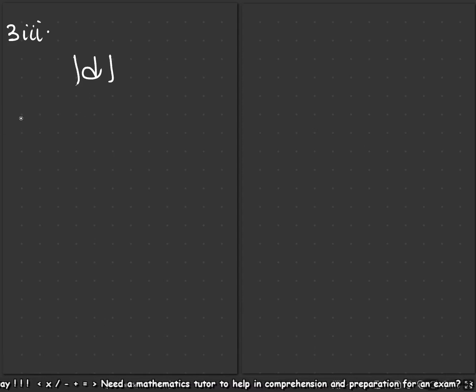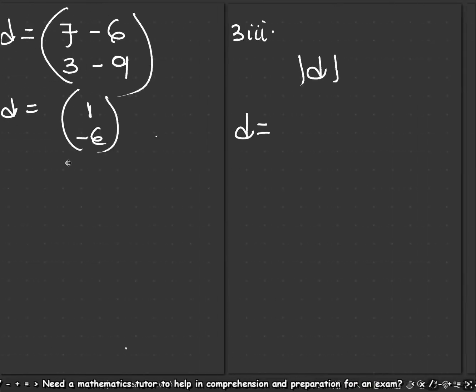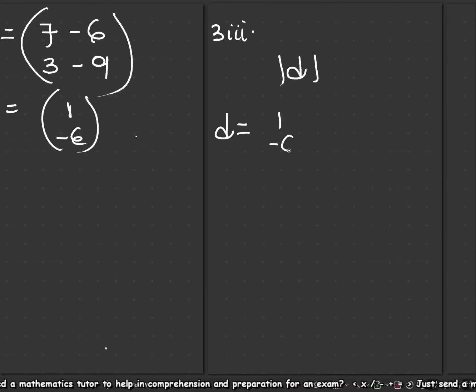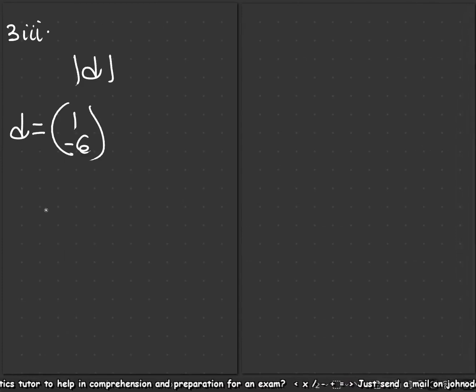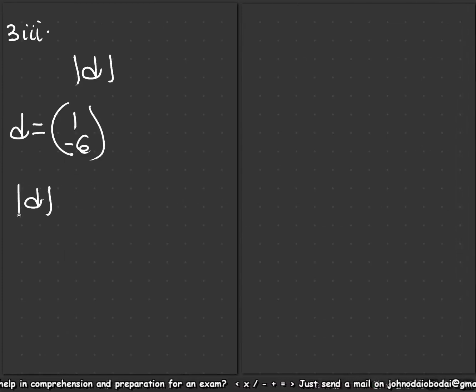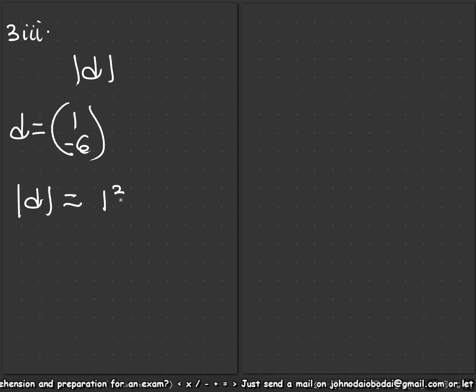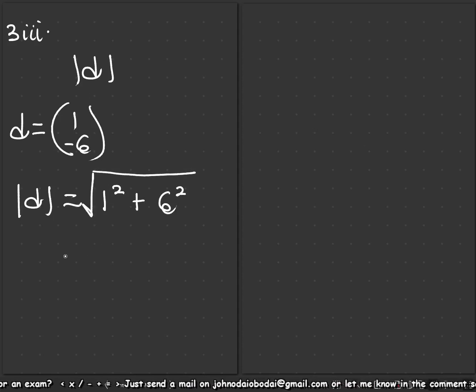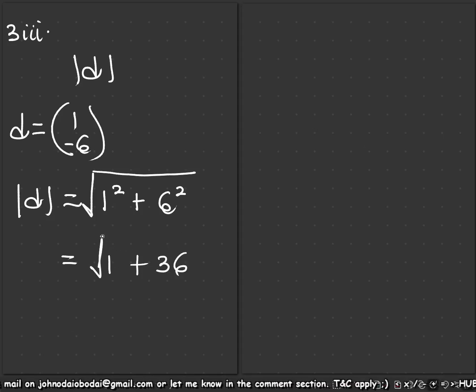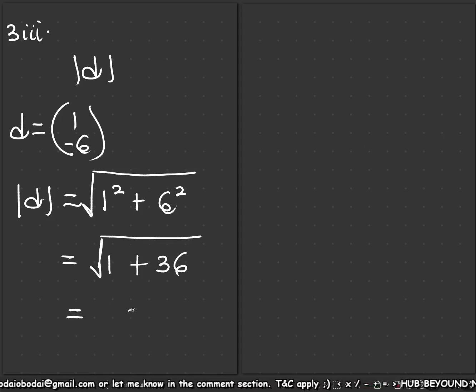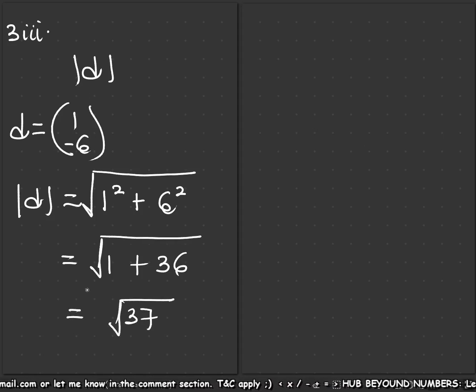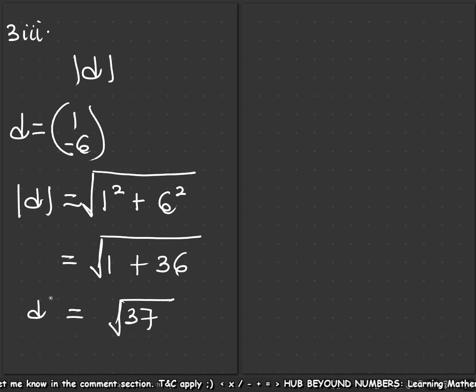So for d, which we have solved to be (1, negative 6), the magnitude of d is going to be the square root of 1 squared plus 6 squared. 1 squared gives us 1, and 6 squared gives us 36. If we add these, we have the square root of 37. So this is our final answer.